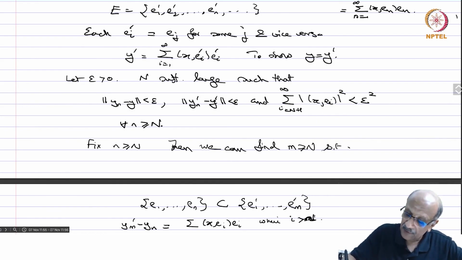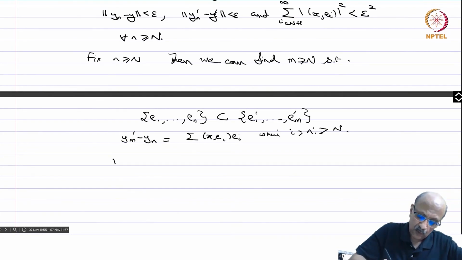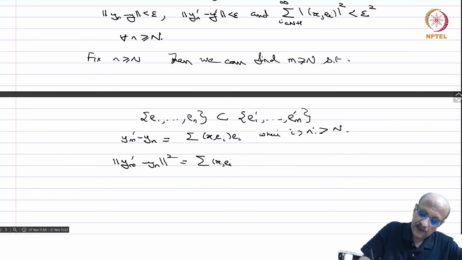And that of course is greater than capital N. So what do you get for norm ym dash minus yn square? It is equal to sigma mod x ei square.